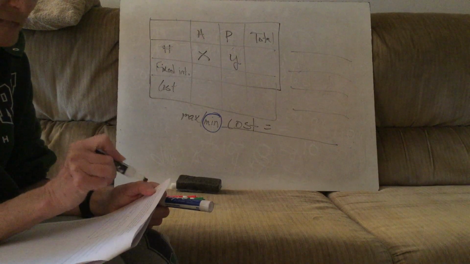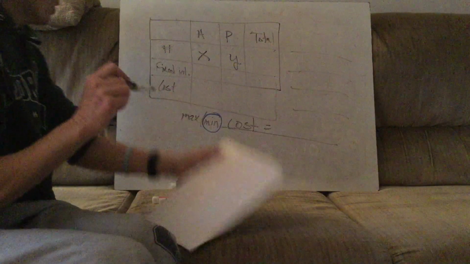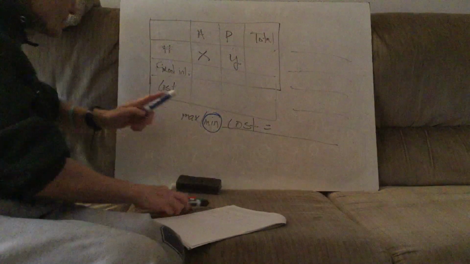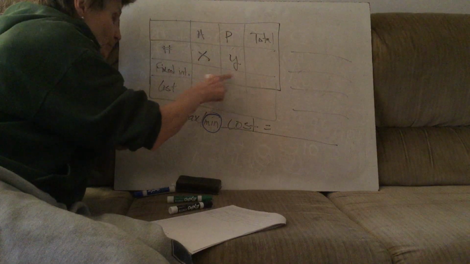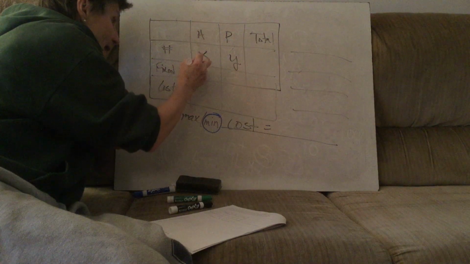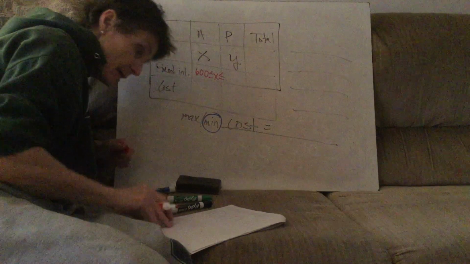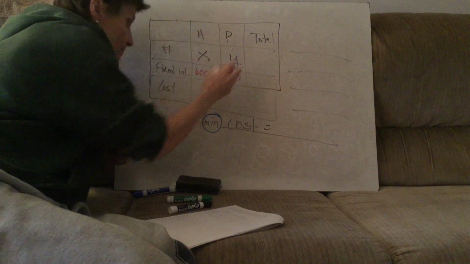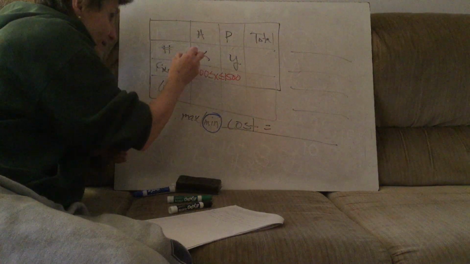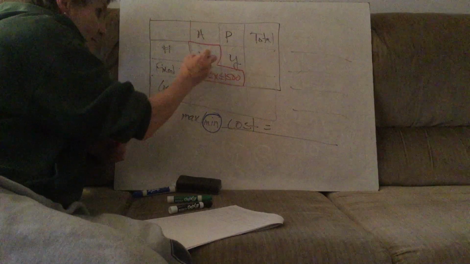You have a minimum of 600 audios and a maximum of 1,500. So your audios have to be between, I know I don't have enough room here, so this is going to expand out, but have to be between 600 and 1,500. That is this box right here. That goes with the X's.